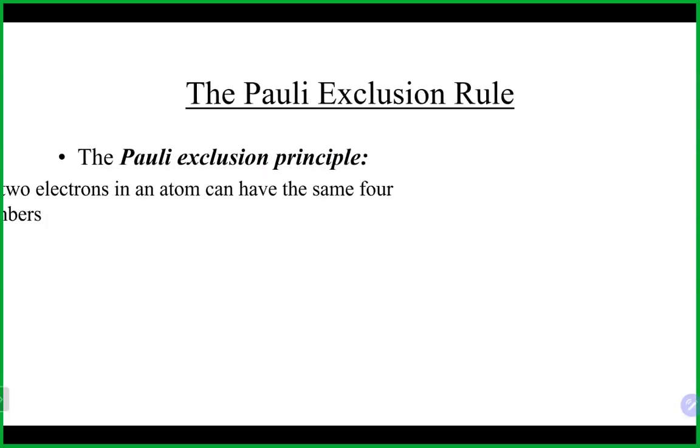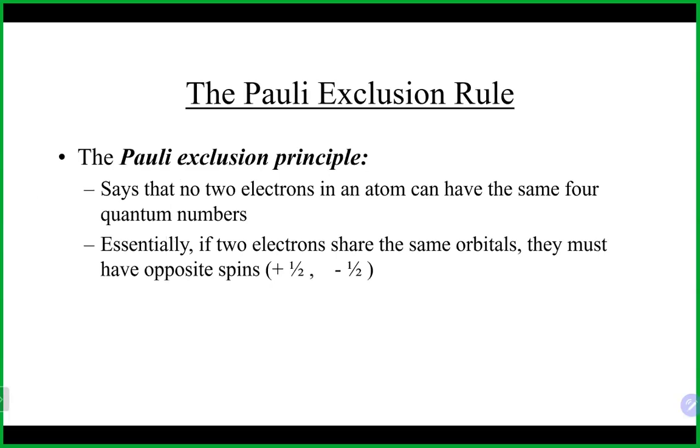Now, when we think about what's going to happen next, and where we're going to put the next electron, because that s orbital has room for one more electron, we really have two options for any orbital. We could put it going in the same direction, or we could put it going in the opposite direction. There is a rule known as Pauli's exclusion rule, which says that no two electrons that share the same orbital can have the same four quantum numbers.